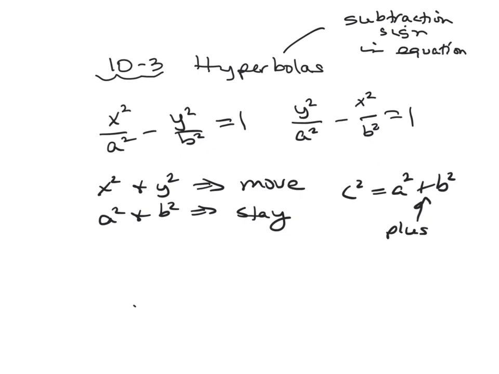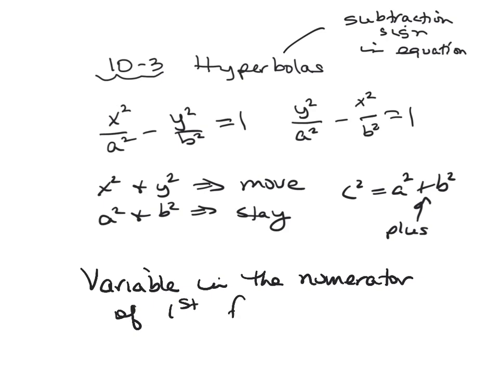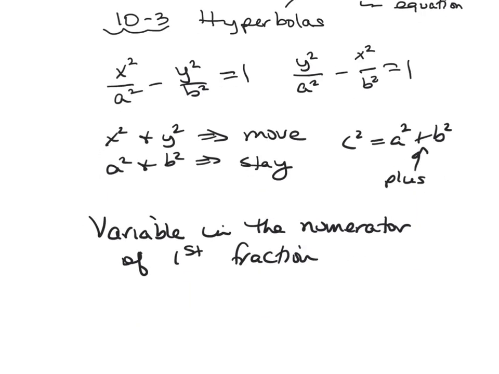Now, the variable that you see first, so the variable in the numerator of your first fraction, this is going to tell you which axis it touches. So the variable in the numerator of the first fraction will be the axis that your graph touches.